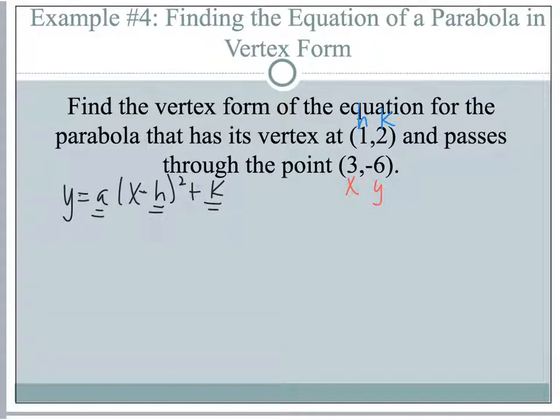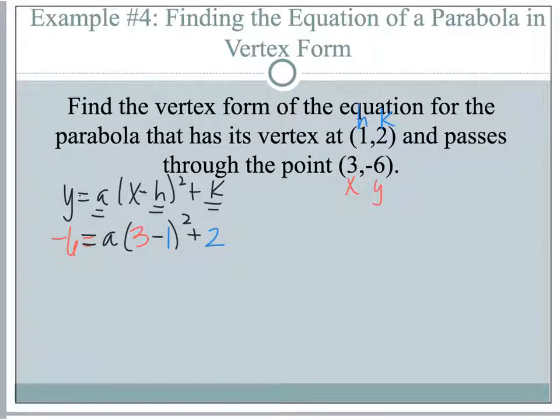Okay, so our y is negative 6, equal to a, which we don't know, parentheses x is 3, minus h is 1, squared plus k is 2. All right, I hope all the colors are coordinating and that we can see what's going on.